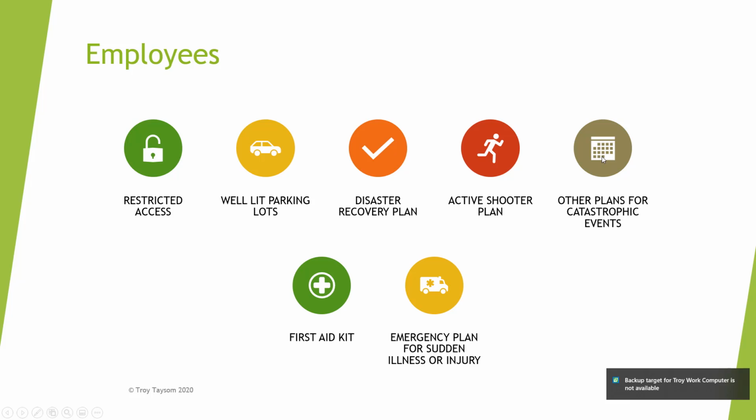Other plans for catastrophic events. You have to have a first aid kit and some type of emergency plan for sudden illness or injury. Okay, you have to think of all of these things because all of these things can happen. None of these are out of the realm of possibility of being things that you would actually need.